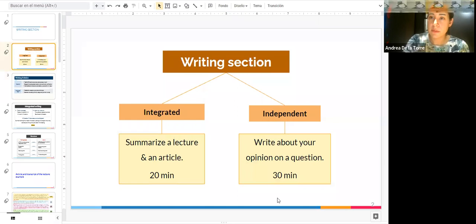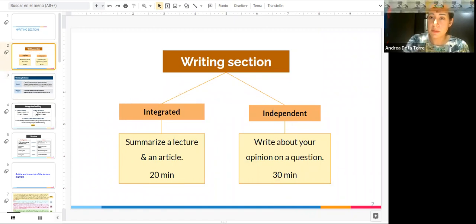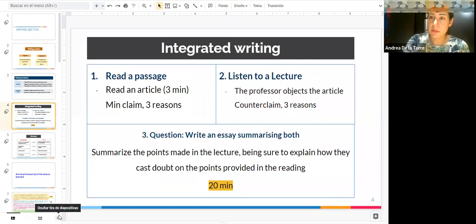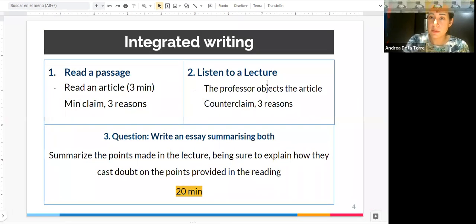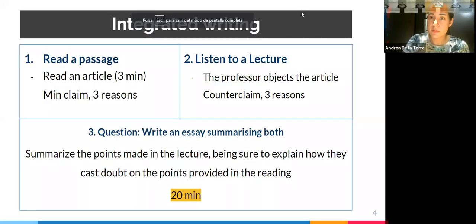So today, as I was telling you, we're going to start with the first integrated writing. That is the first one you get. Okay, we'll start there. Now, going directly to what you have to do: in the integrated writing, the first thing you'll do is read a passage. So you will read an article. It is obviously longer than the ones you read in the speaking section.